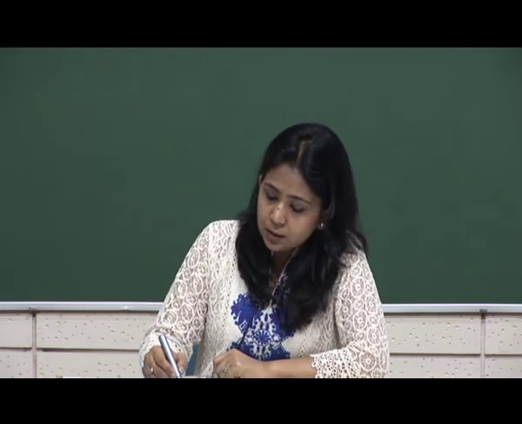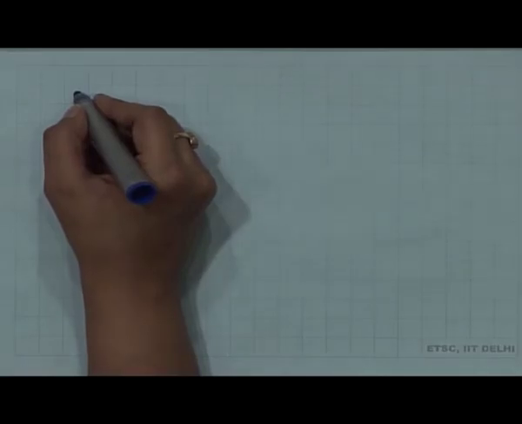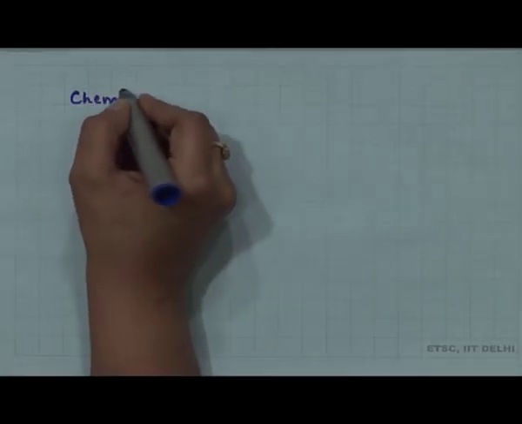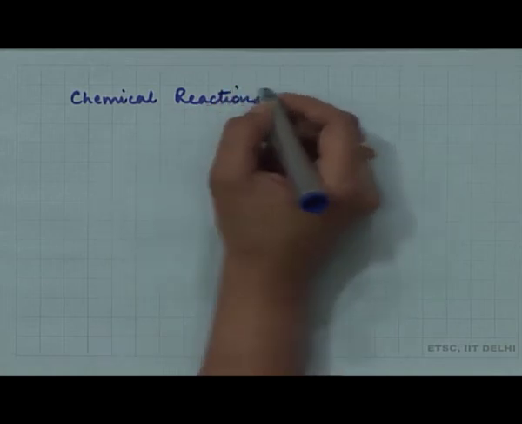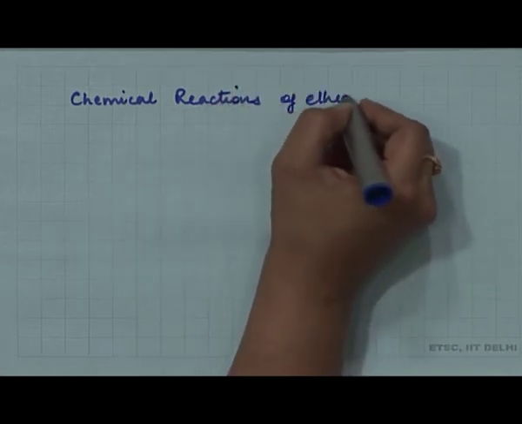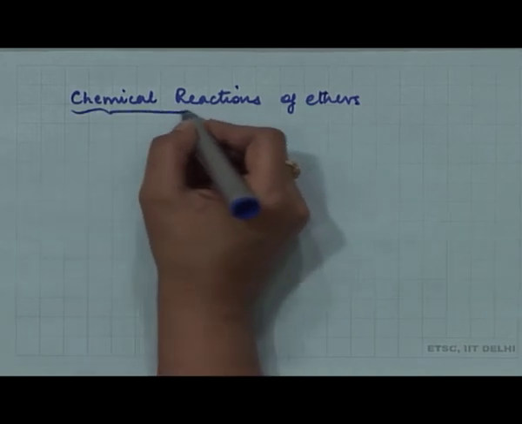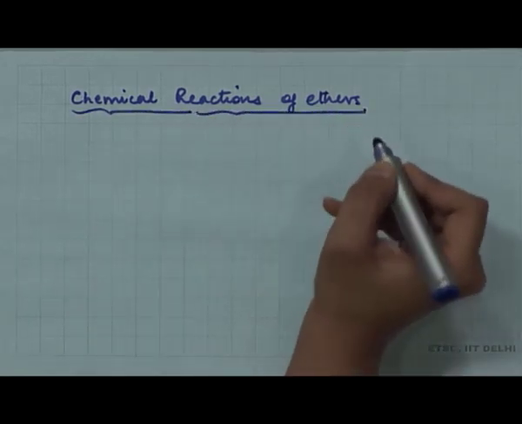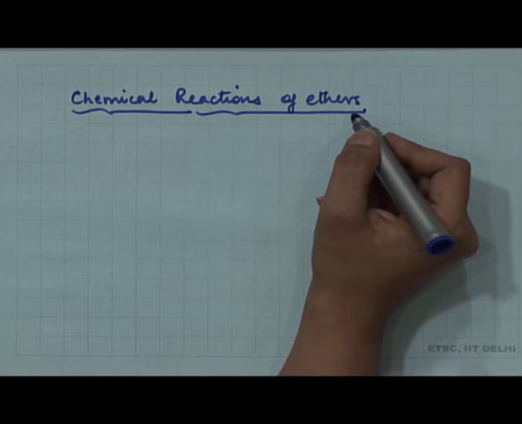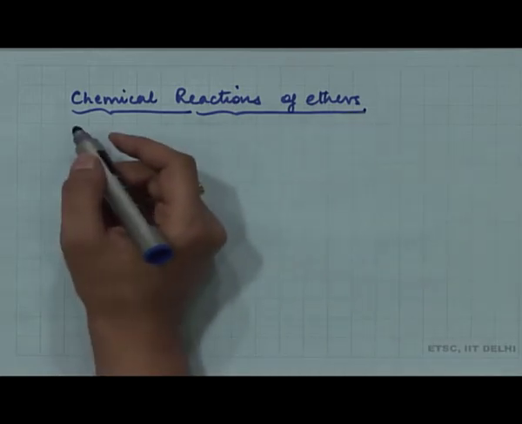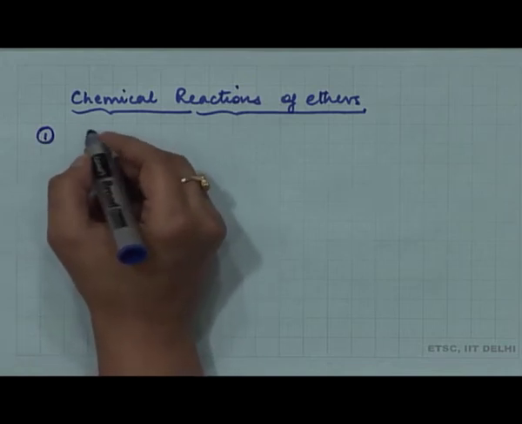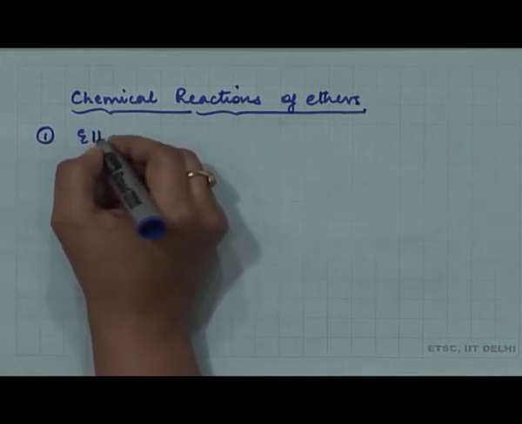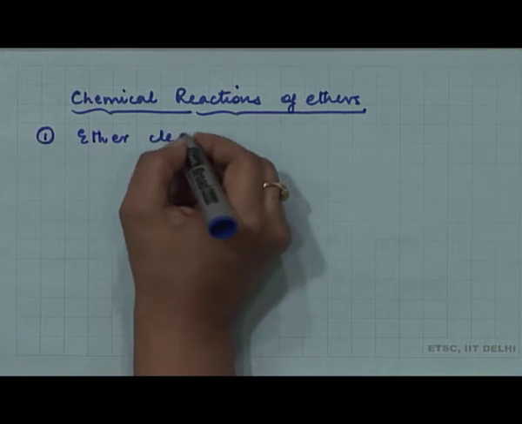Okay, so, what are the reactivities and the chemical reactions of ethers? Ethers normally undergo only a very few set of reactions, because the carbon oxygen bond is quite strong. So, one of the important classes of reactions is the ether cleavage reactions.